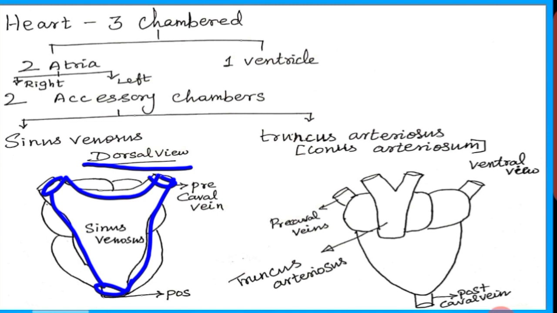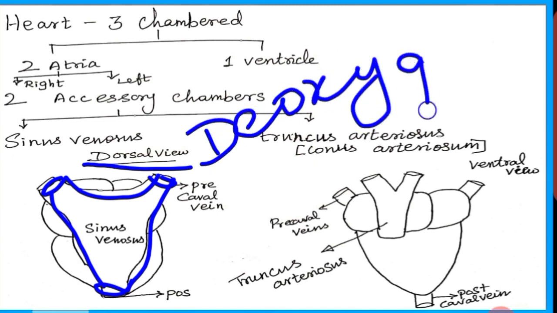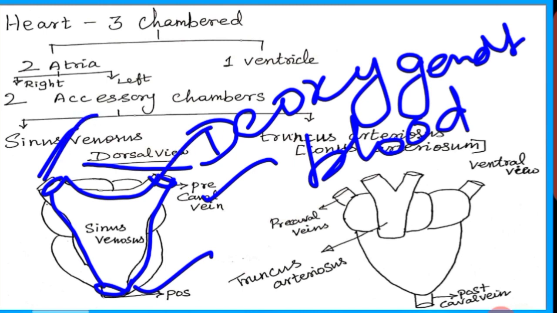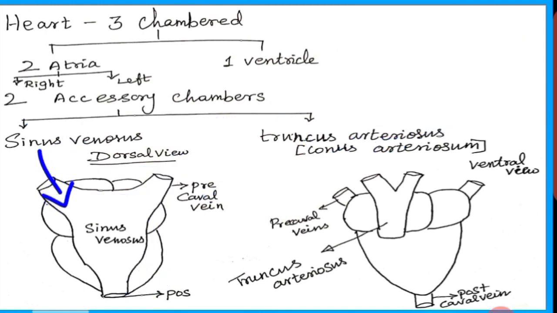Actually, sinus venosus receives deoxygenated blood from the various parts of the body through 2 upper precaval veins and 1 postcaval vein. Thus, 2 precaval veins and 1 postcaval vein receive deoxygenated blood from various regions of the body.